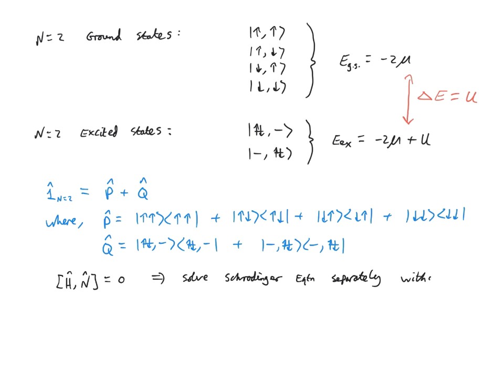And in particular, we're interested in solving it within the n equals 2 sector. So within the n equals 2 sector, what does this Schrödinger equation look like?